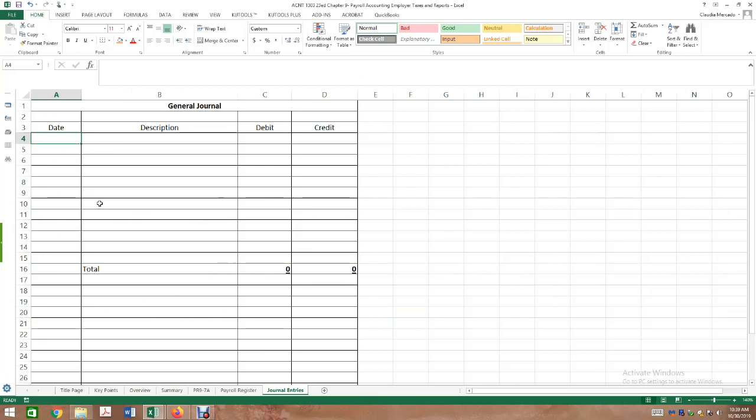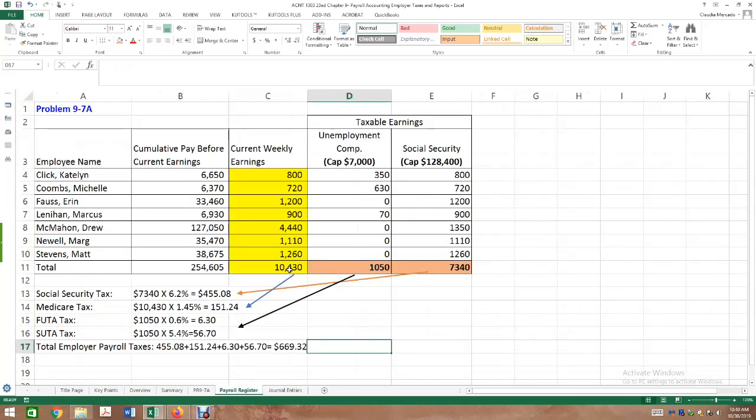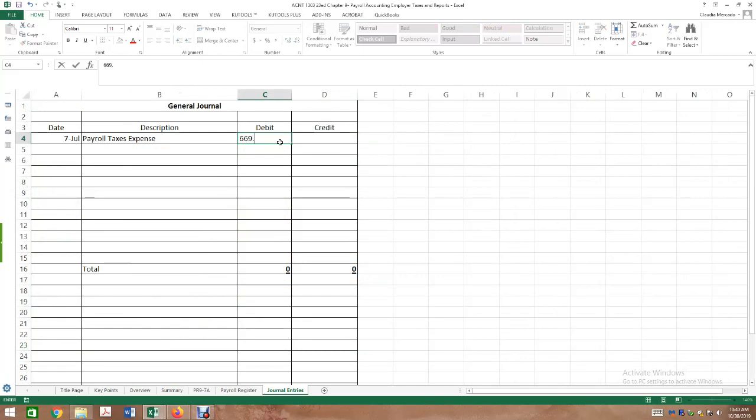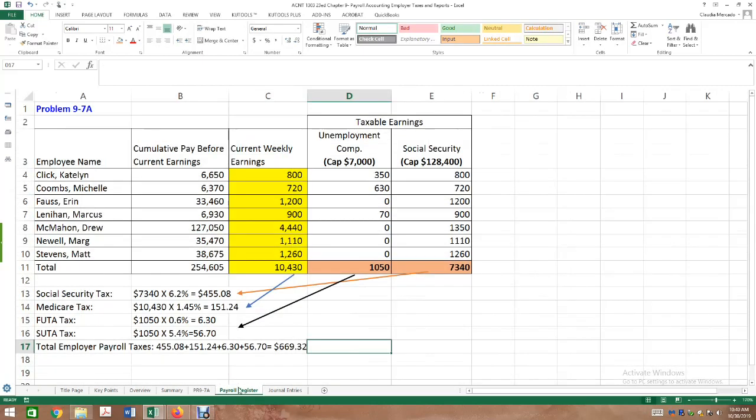So, this is happening as of July the 7th. The first thing that we're going to do is get our payroll taxes expense. Now this amount is coming from right here. The total is $669.32. So that is your total employer payroll taxes, $669.32.